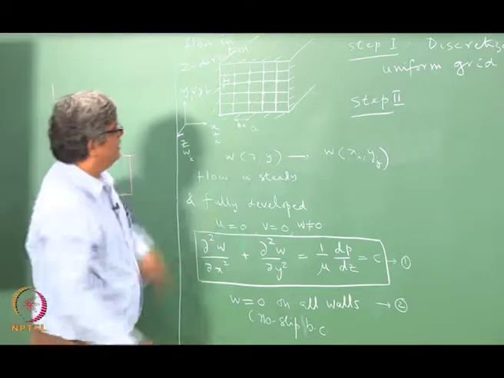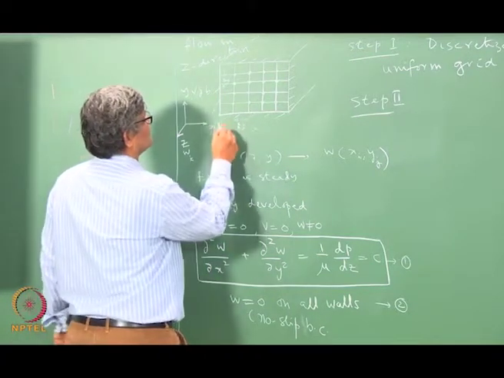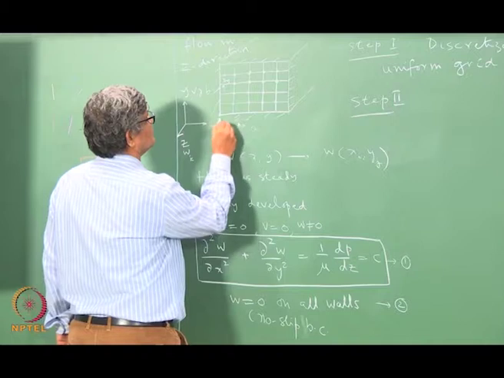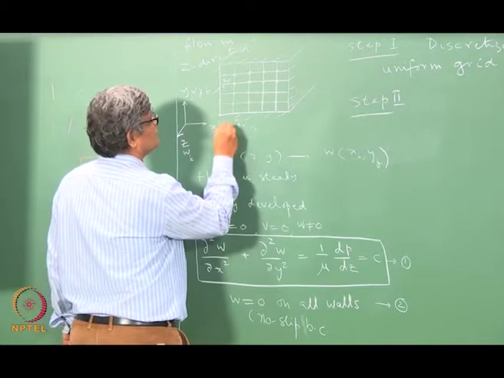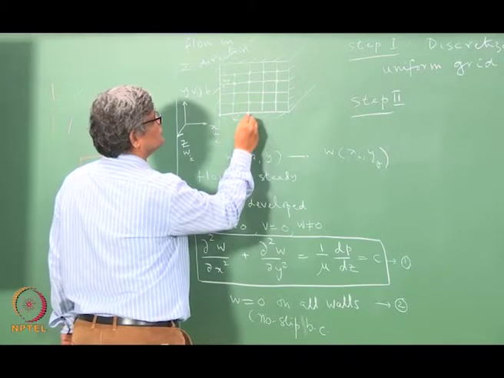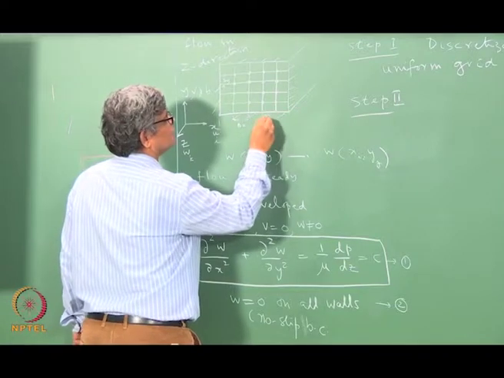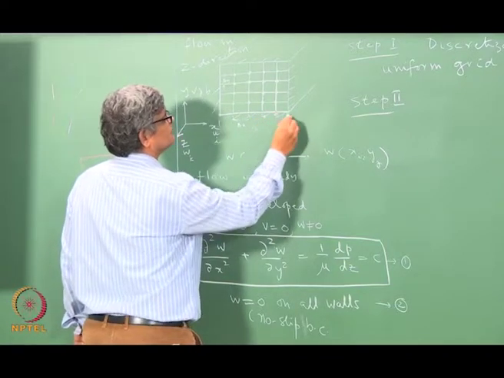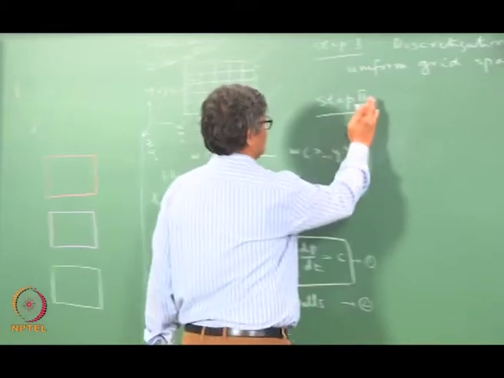So, we can also put numbers. We can put this as i equal to 1, 2, 3, 4, 5, 6. So, let's just draw this.